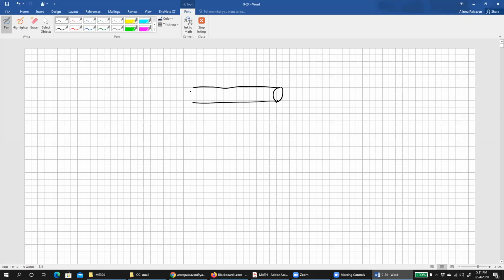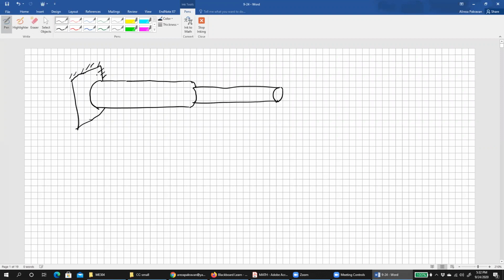Have a shaft like that, and then another shaft here. And then it's connected to fixed conditions here.